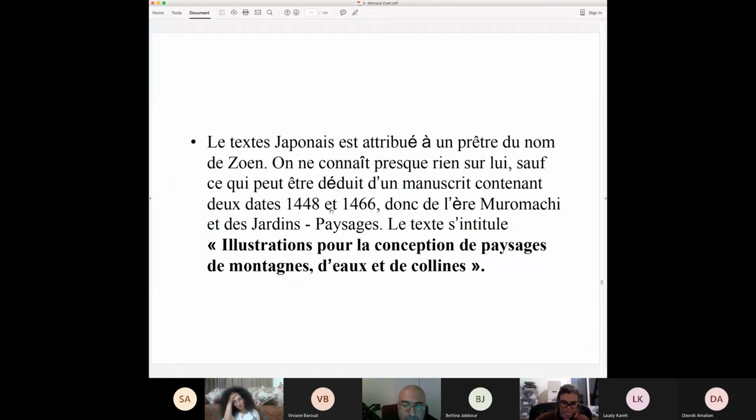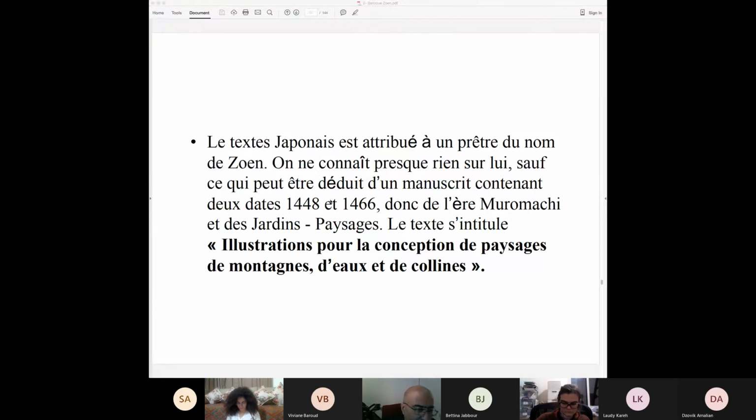The text is entitled, I'll translate directly from French, Illustration for the conception of landscapes of mountains, waters, and hills.